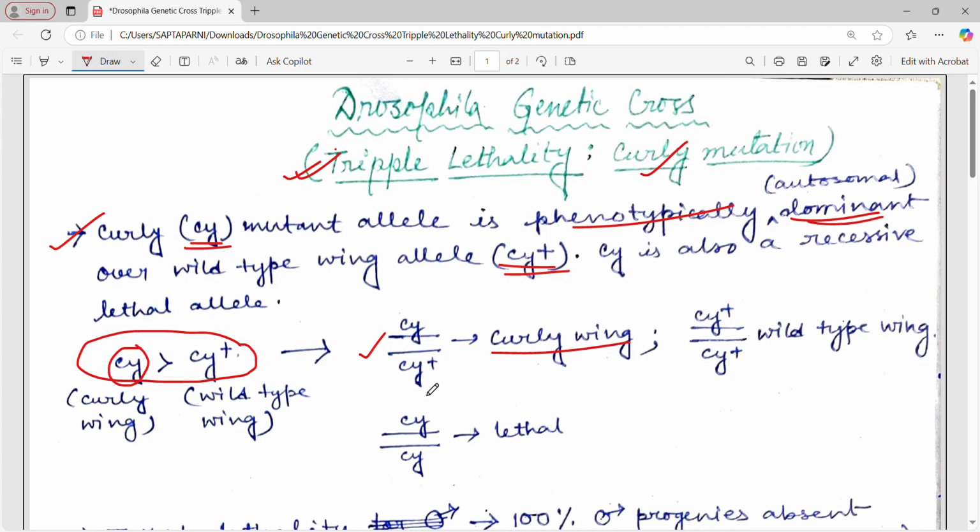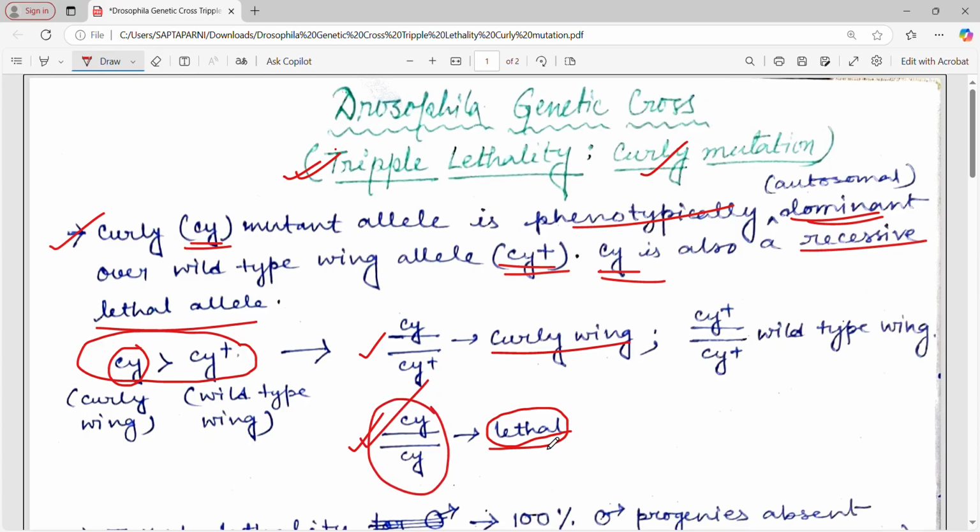But interestingly, in homozygous condition Cy does not show the Curly phenotype, rather it shows lethality. Now the question is, why does it show lethality instead of the Curly wing phenotype? Because you have to remember that the Curly mutant allele is not only dominant over Cy plus, it is also a recessive lethal allele. So that is why in homozygous condition Cy shows lethality.